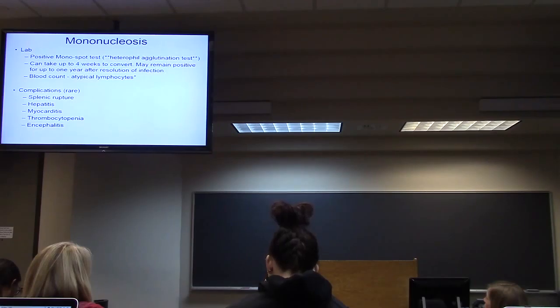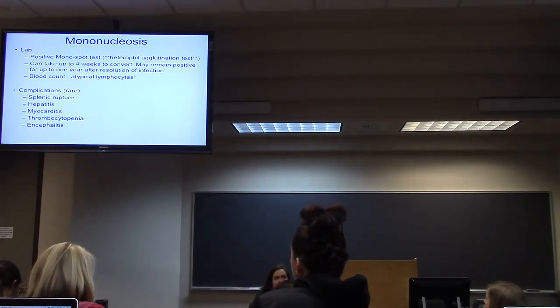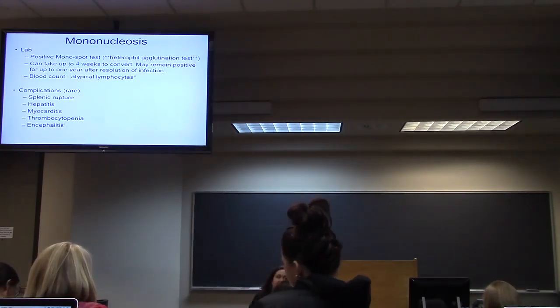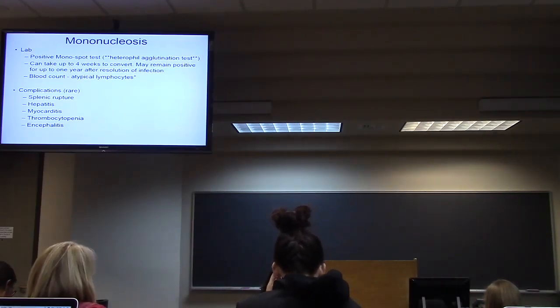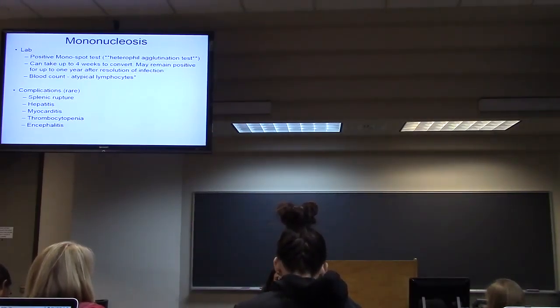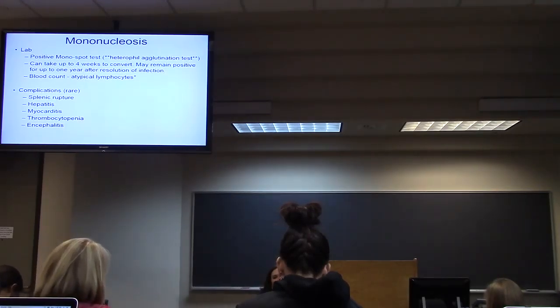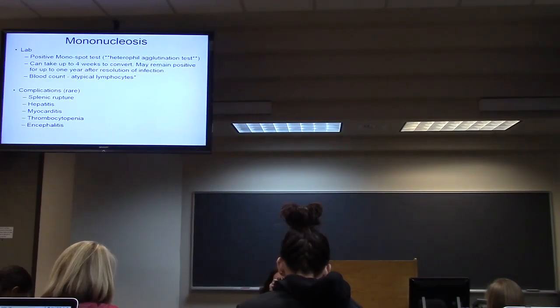If you suspect mono and maybe they have a normal monospot test, you can check a CBC with differential, and they'll show atypical lymphocytes. I've never ordered this. That's something else with a little asterisk. Atypical lymphocytes, heterophil agglutination test equals mono.